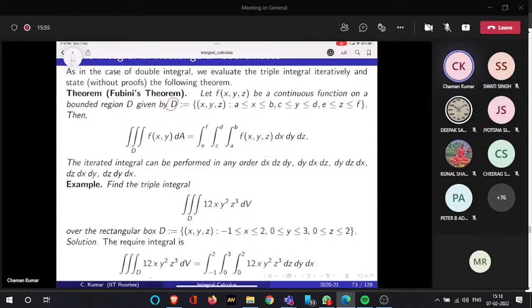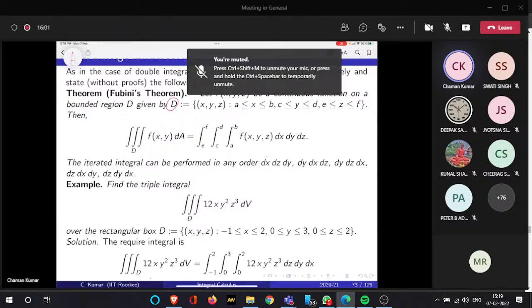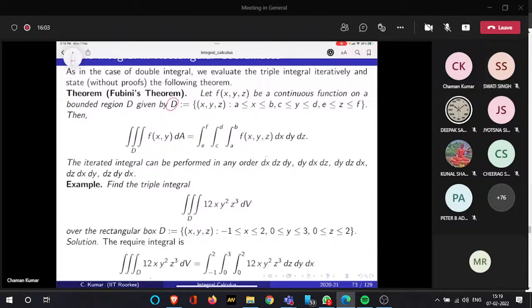When you look at the boundary of the cuboid, the boundary is quite good. So if you have some bad boundaries, then you cannot have this equality.